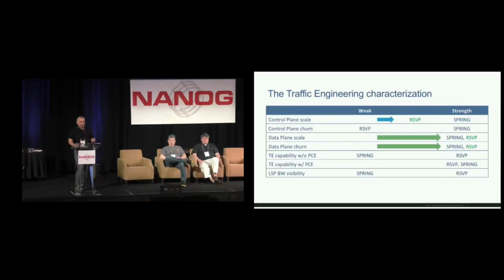However, Pop and Go moves the data plane scale as well as data plane churn of RSVP to be on par with Spring. We have the same number of states on the nodes, proportional to the number of neighbors, and we need the same number of operations when the LSP changes as in the case of Spring.